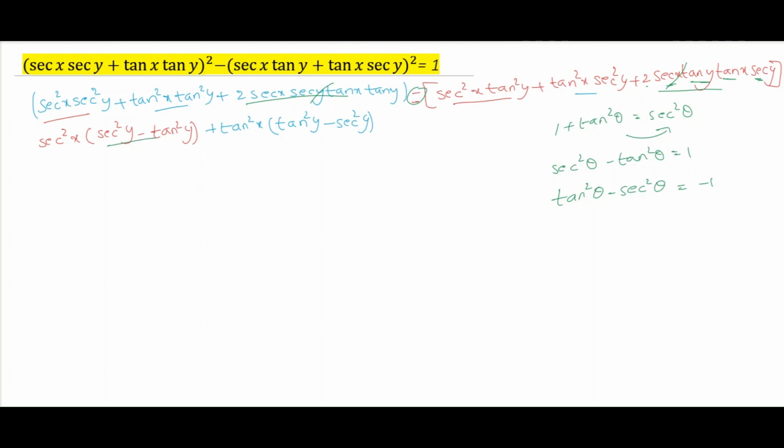In place of this secant square y minus tan square y, we will use this identity wherein we can keep 1. So this thing will become secant square x. Here it is tan square y minus secant square y. So it's in this way. So we have to keep minus 1, less tan square x into minus 1. So this can be written as secant square x minus tan square x. So it is again like this, secant square theta minus tan square theta, which is equal to 1. So this can be written as 1 and that's the required RHS.